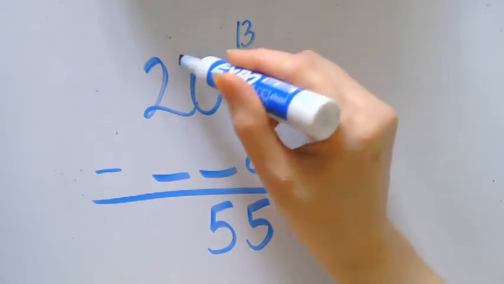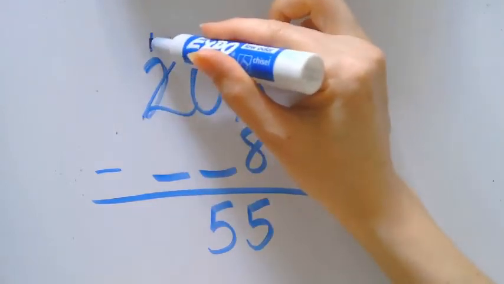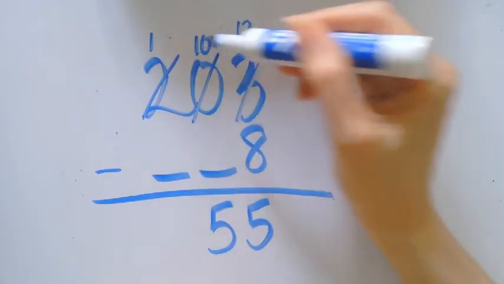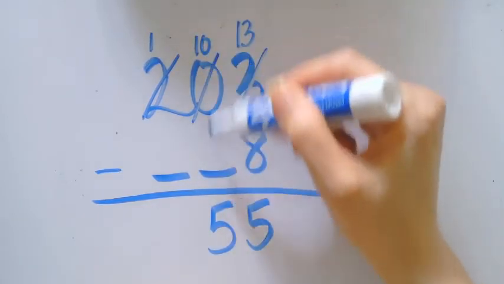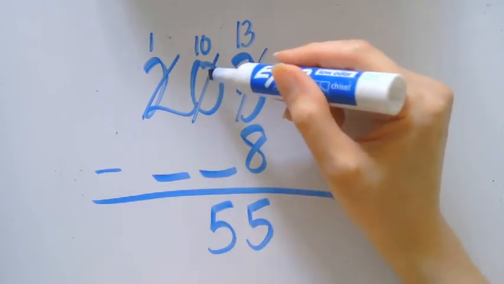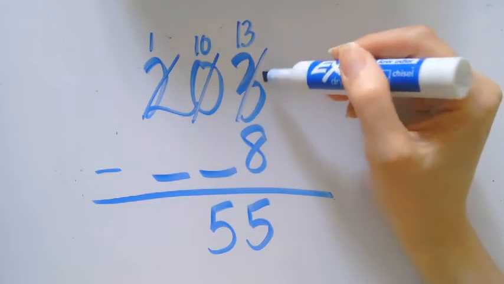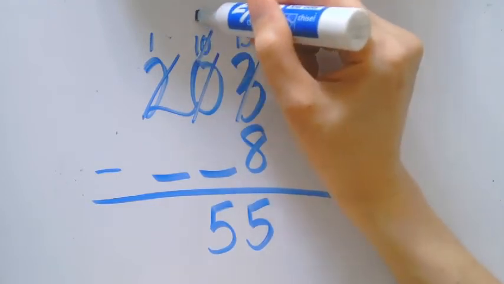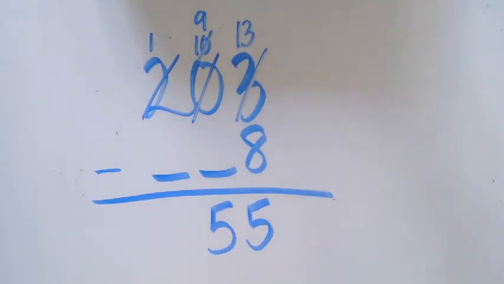So I have to go again next door and borrow there. This one is getting borrowed so that the 0 can become a 10. Now this number can actually subtract. But I still need to borrow one group of 10s so that this 3 can become a 13. So this 10 now becomes a 9, and that's where I get my 13.